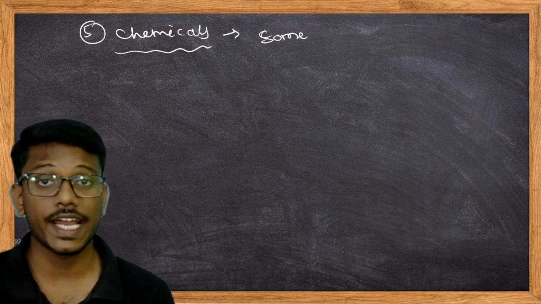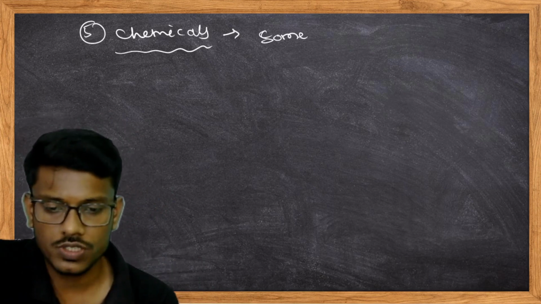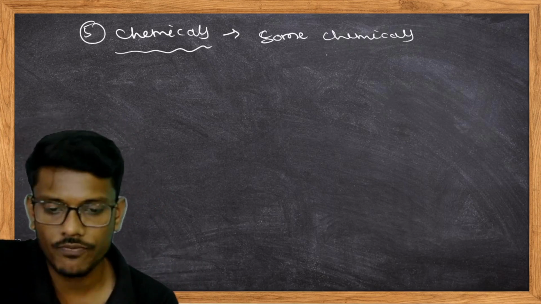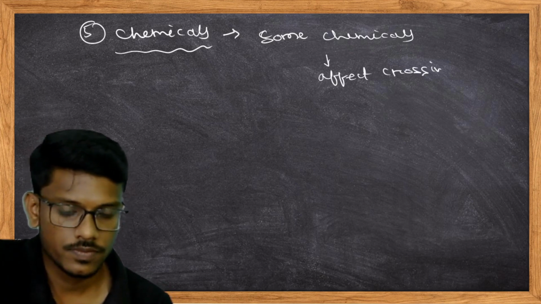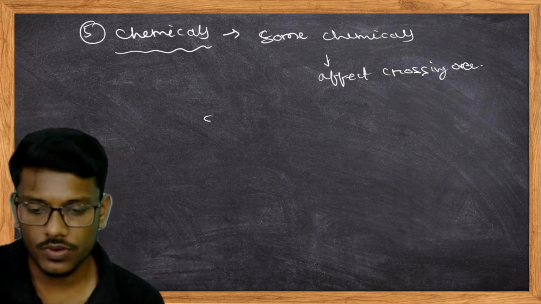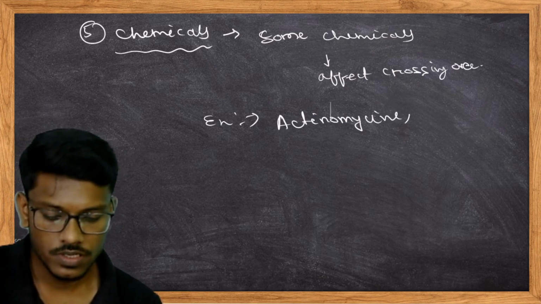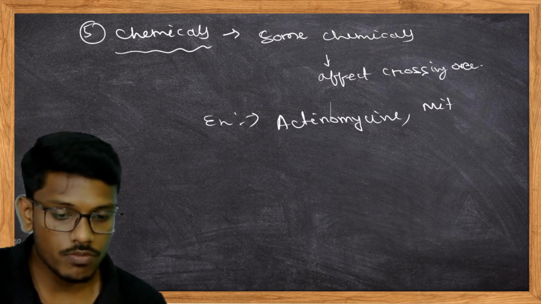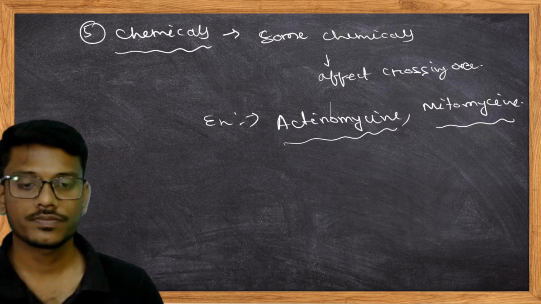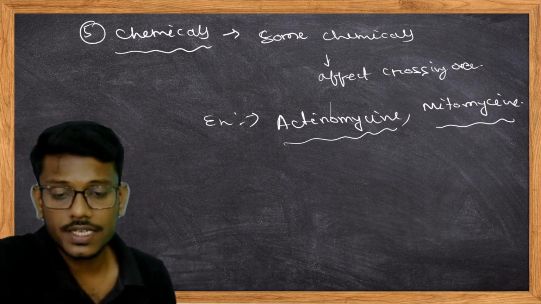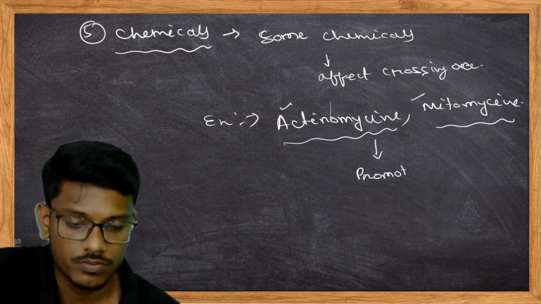For example, actinomycin, which we use as an antibiotic. Or mitomycin. These chemicals, actinomycin and mitomycin, promote the crossing over process.